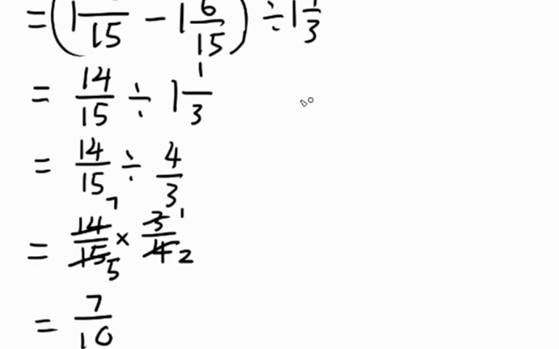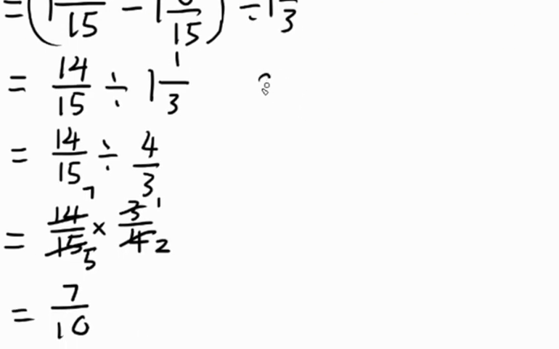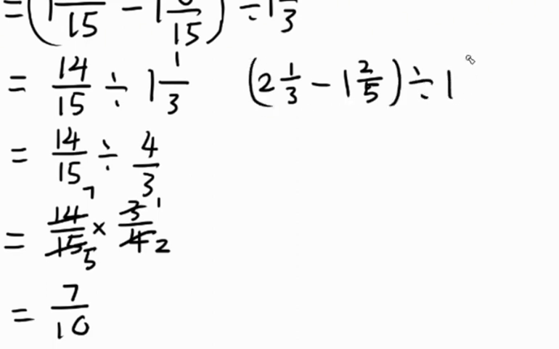So we can take 2 and 1 over 3 minus 1 and 2 over 5, bracket, divided by 1 and 1 over 3. So we can convert to improper fractions.